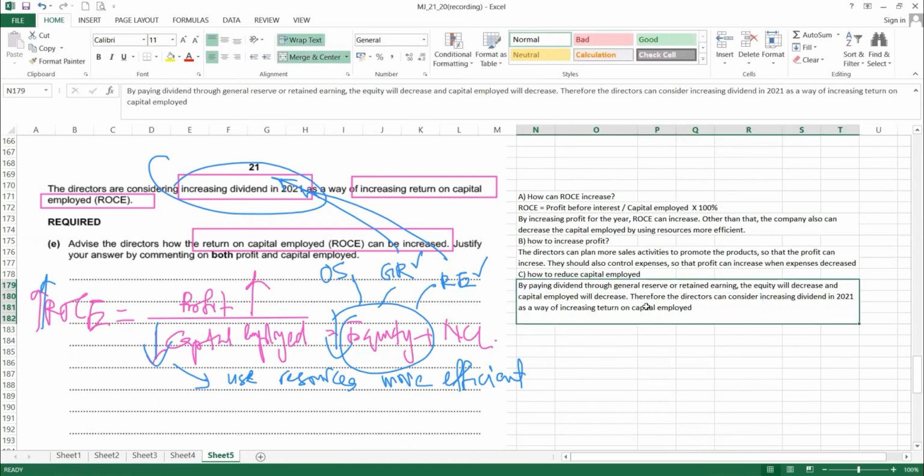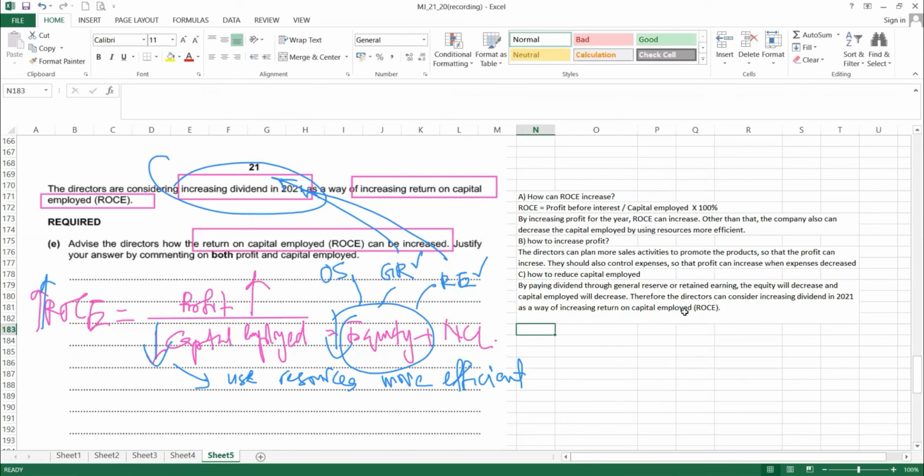So next sentence, therefore the director can consider increasing dividend in 2021 as a way of increasing return on capital employed, which is ROCE. So this is the answer we can use.